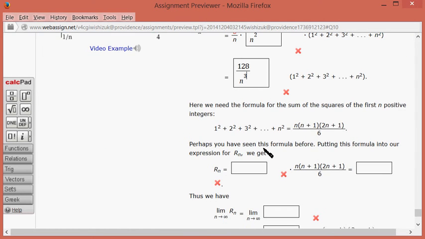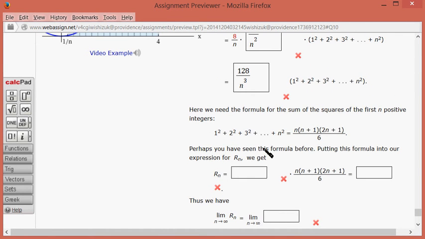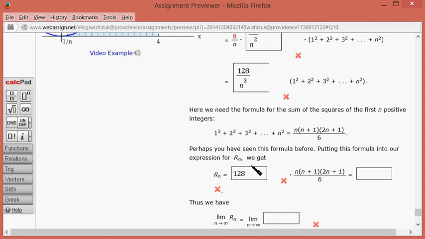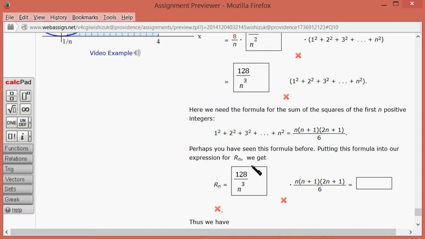And we have this formula for the sum of i squared. This part right here is going to be replaced by this formula, so you have that here. And here, this is going to be 128 divided by n cubed.